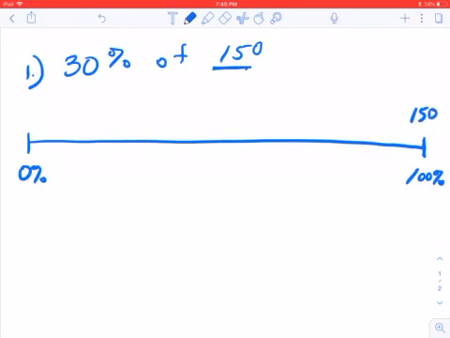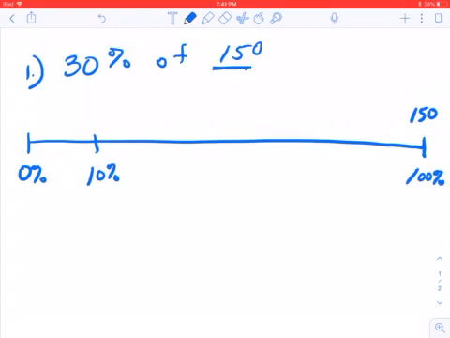And what we're going to do is we're going to break this down into two special percents, the 10% amount and the 1% amount. So if we are to find the 10% amount, the way you think about it, if you were going to get from 100 down to 10, you would have to divide by 10 to get there, right?